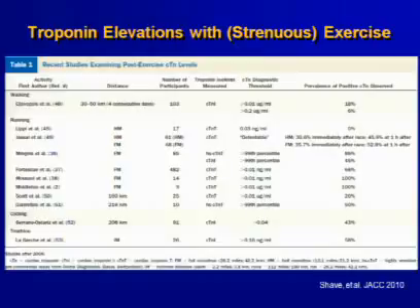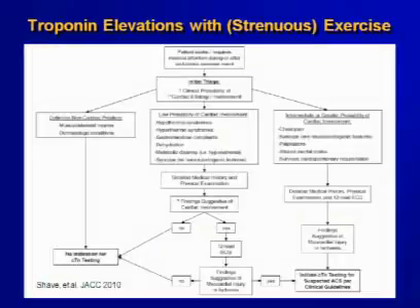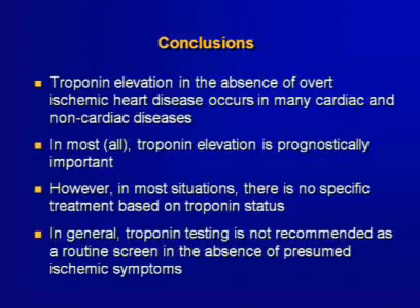It doesn't seem to be correlated with downstream reductions in ejection fraction, but it does muddy the waters in terms of these isolated troponin elevations and what they mean. And I think at this point, further work is needed. In the meantime, if they're not complaining of ischemic symptoms, don't send them to the cath lab right away. Treat their bruised knees and blisters on their feet, but don't go overboard.